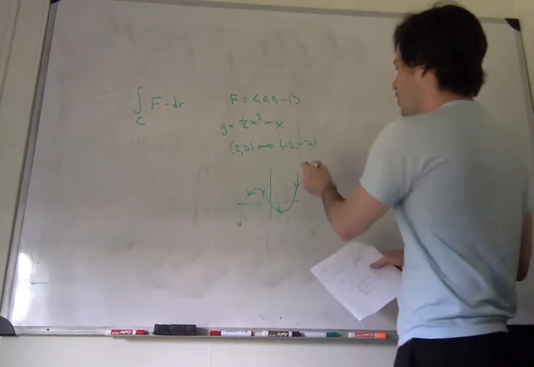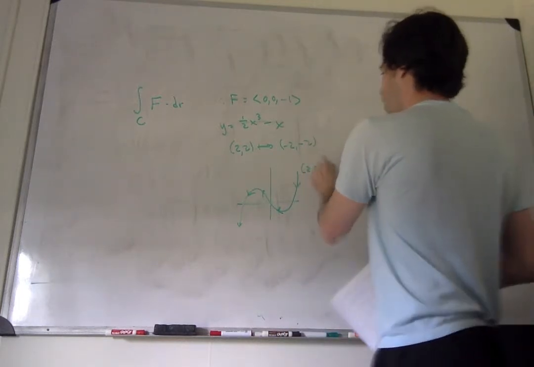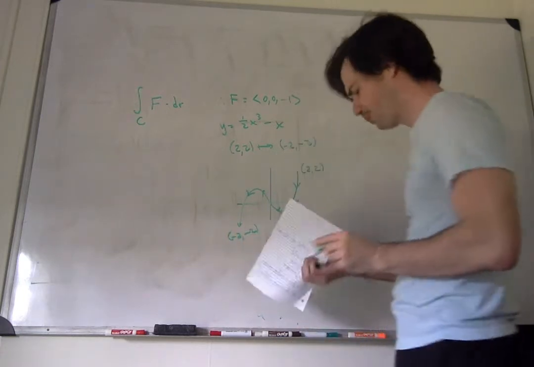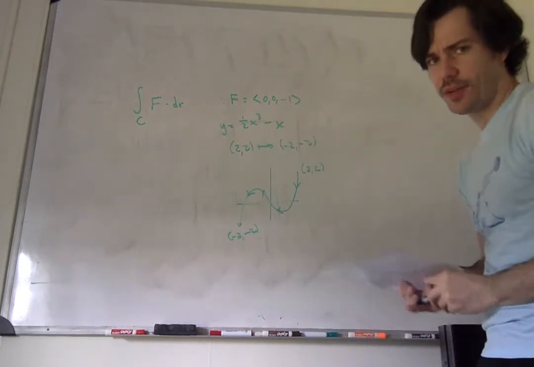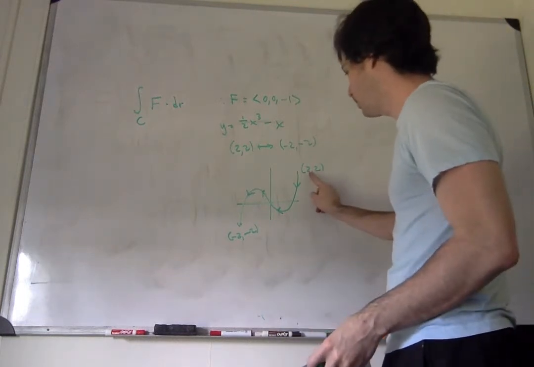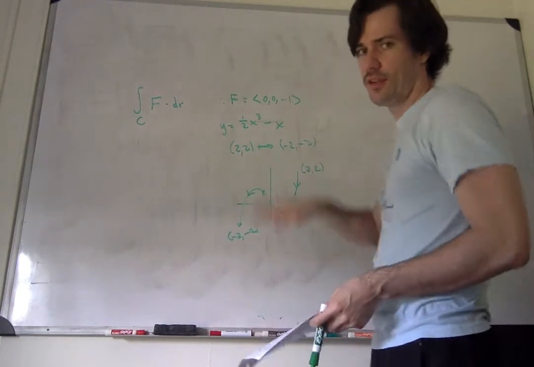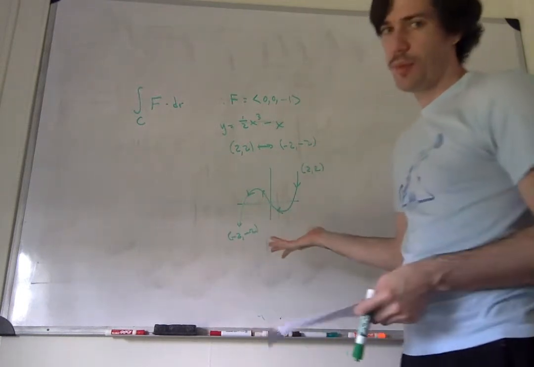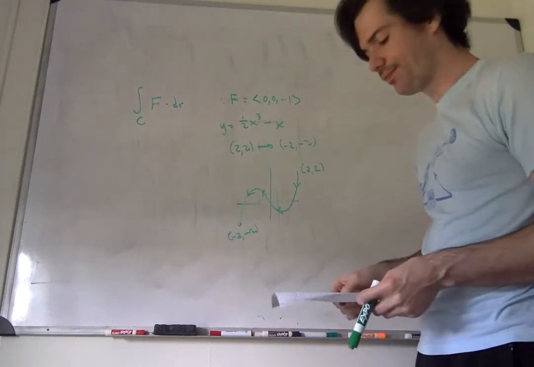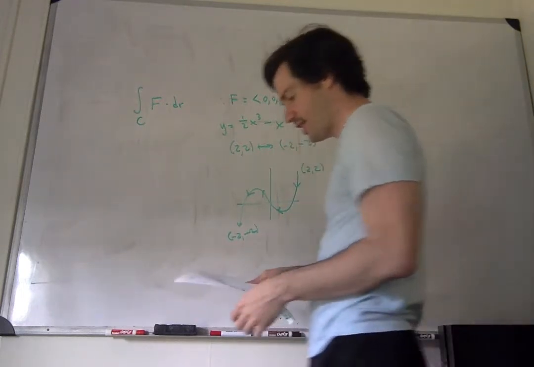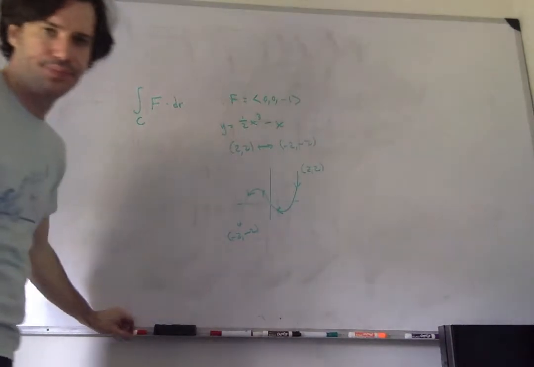So you're starting off at (2, 2), and you're going to (-2, -2). And the direction matters, right? In terms of x, you're starting positive and you're going negative. And the particular shape is given by the curve. Okay, well, that's all fine and dandy. Let's do the calculation.